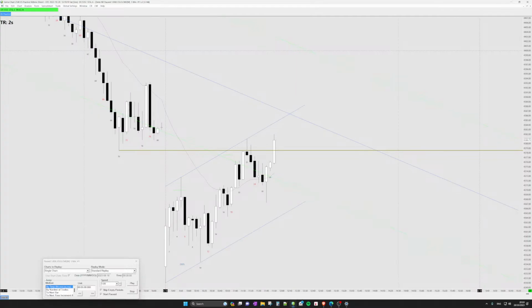It seems to be a bull flag, no, sorry, a bear flag, from a higher time frame perspective, if you want. Yes, exactly, that one.